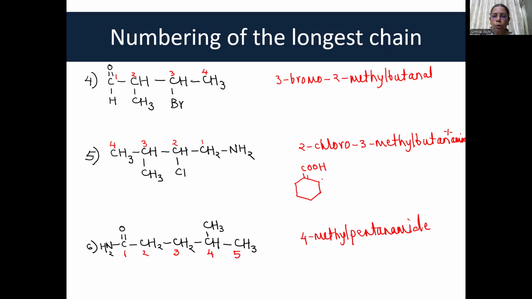So what you do? So it is going to be cyclo. Remember, you are not numbering the carboxylic acid carbon, and so it is going to be cyclohexane 1 carboxylic acid.